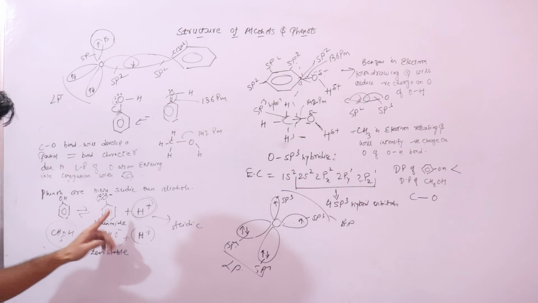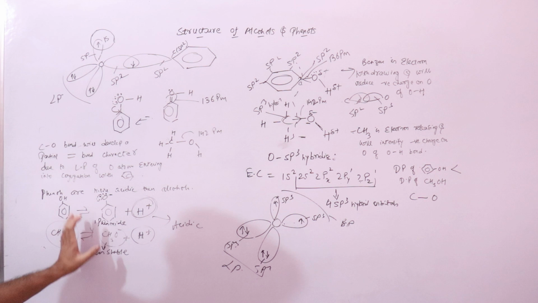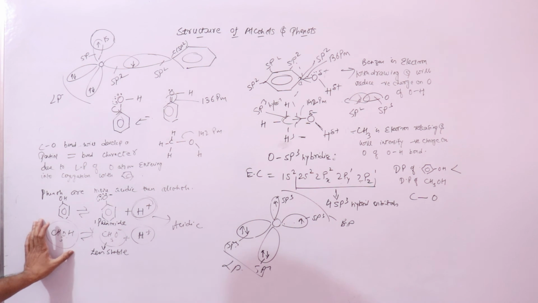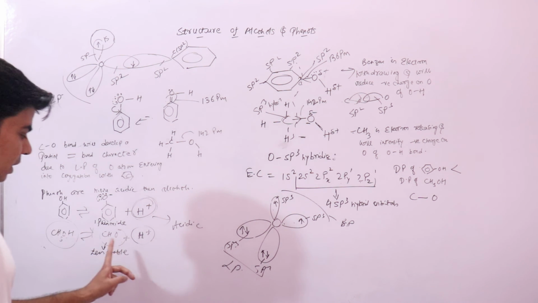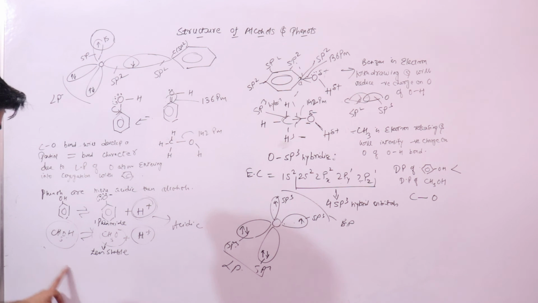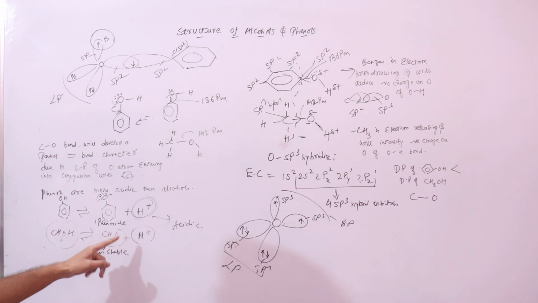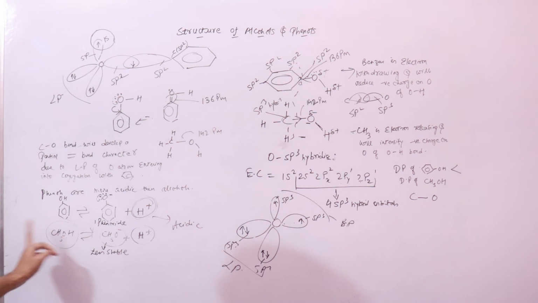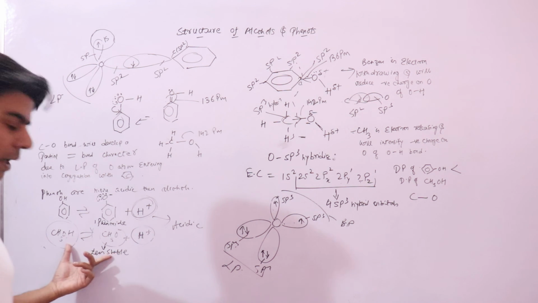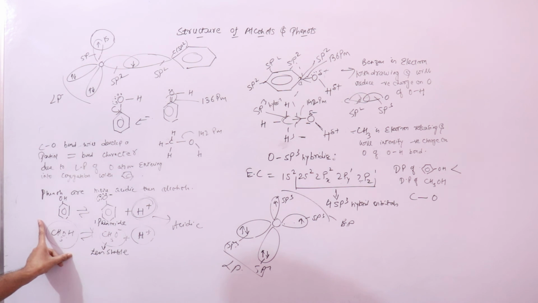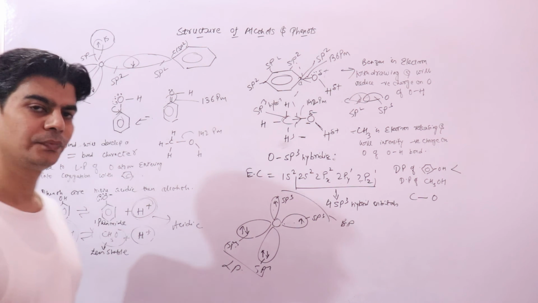So you have more hydrogen ions in phenol compared to methanol. In methanol, this methoxide ion is not stable, so it immediately combines with hydrogen ions to give you back methanol. So the reverse reaction is favored, and you have fewer hydrogen ions in case of alcohols, here methanol. So phenols are more acidic than alcohols.